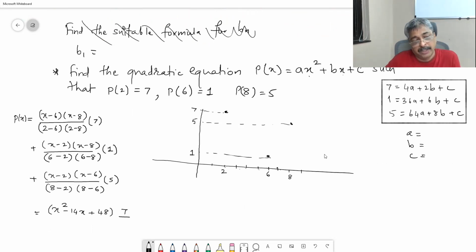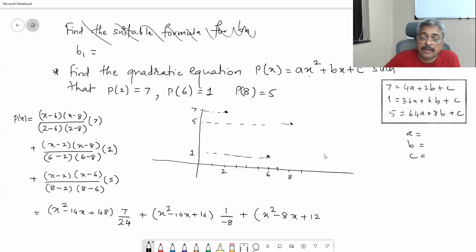Minus 4 minus 6, 24, plus x square minus 10x plus 16 into 1 upon 4 times 2 is 8, minus it, plus x square minus 8x plus 12 into 5 upon 6 times 2 is 12.